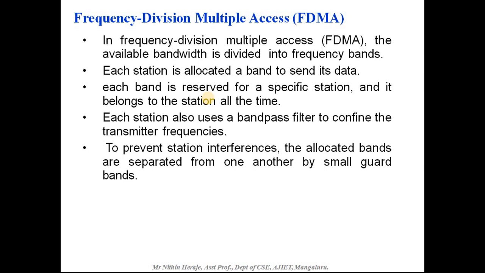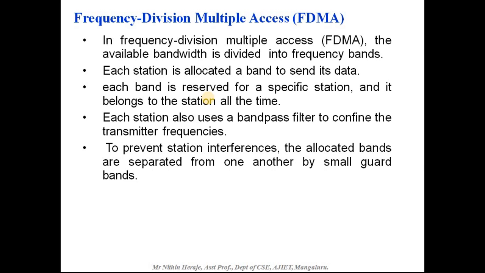Each band is reserved for a specific station, and it belongs to the station all the time, so that the station can send the data at any time through its reserved band. It does not have to sense the channel, or it does not have to wait for the permission.